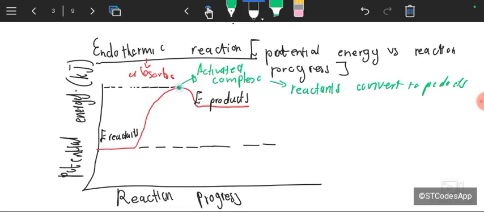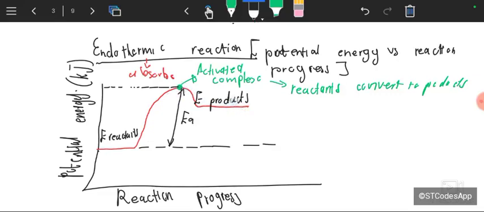But the energy from where you start to the activated complex, we call that the activation energy. I just said that. It is the minimum energy that you needed to be able to say, I can react to form products.